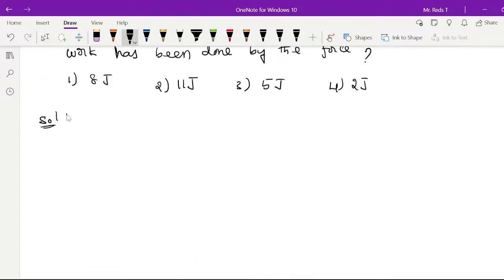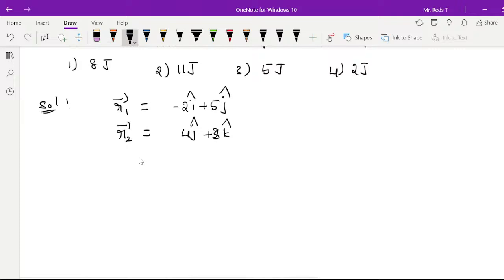How to do this kind of question? Let us say the initial position vector, we can take it as R1 bar, either way you can write. R1 bar is equal to minus 2i cap plus 5j cap, the initial position vector. And the final position vector, you can take it as R2 bar is equal to 4j cap plus 3k cap.